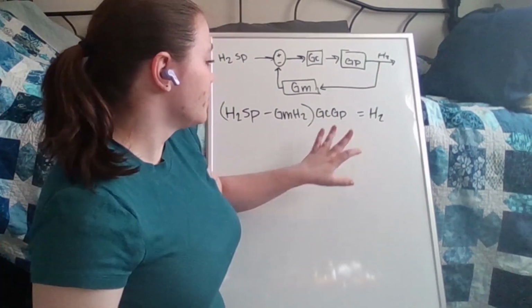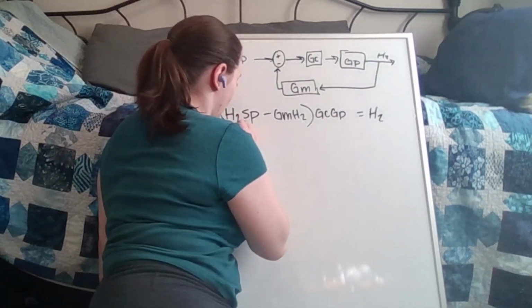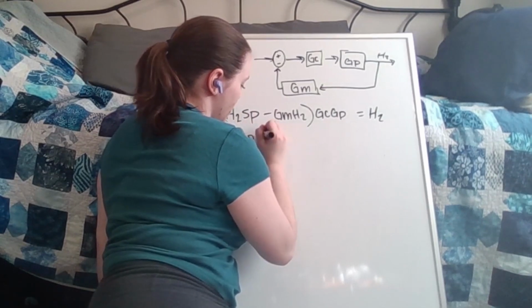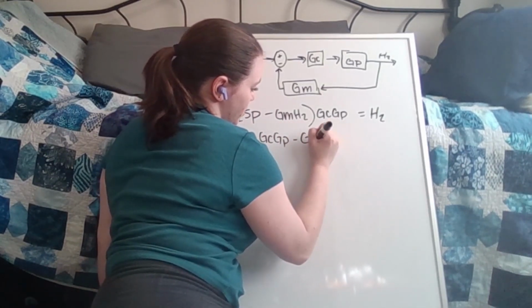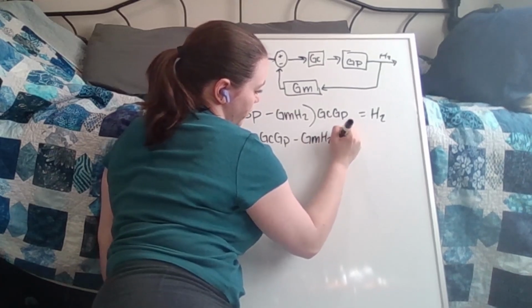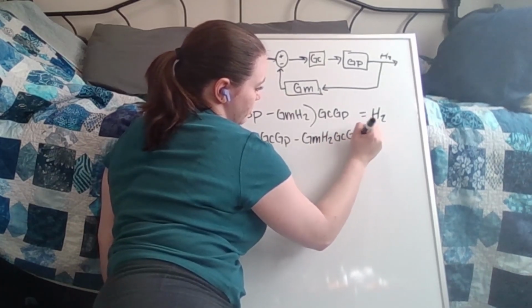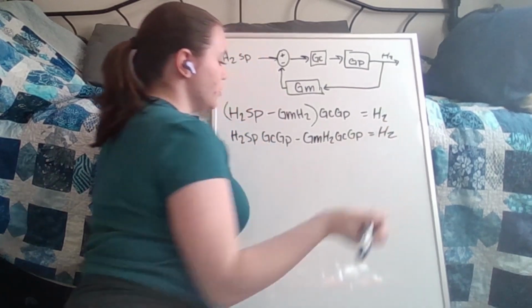So we multiply this out: H2SP GC GP minus GM H2 GC GP is equal to H2.